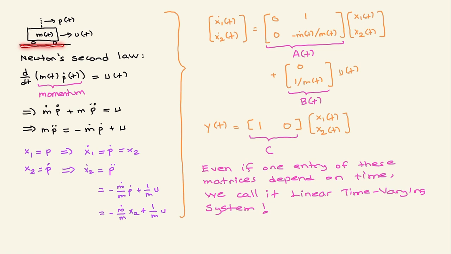There is no friction on the road, so we apply Newton's second law. Now, most of the time we know Newton's second law as m times acceleration equals the applied forces. Actually, this is true only if the mass is time invariant, that is, it doesn't depend on time, or constant mass.